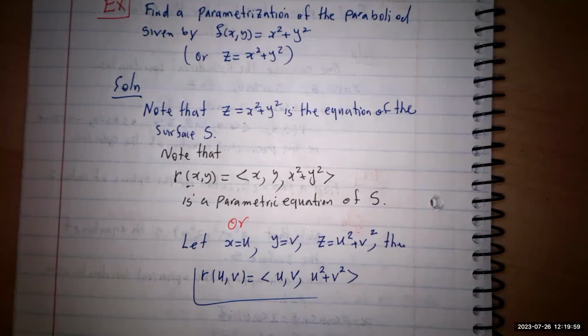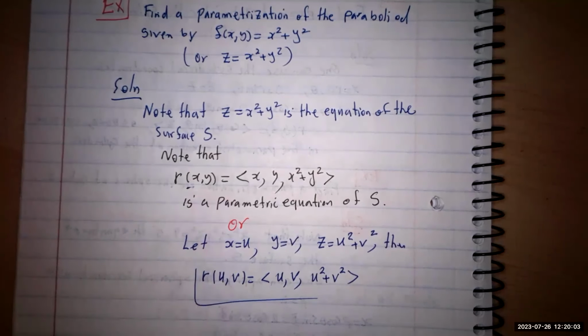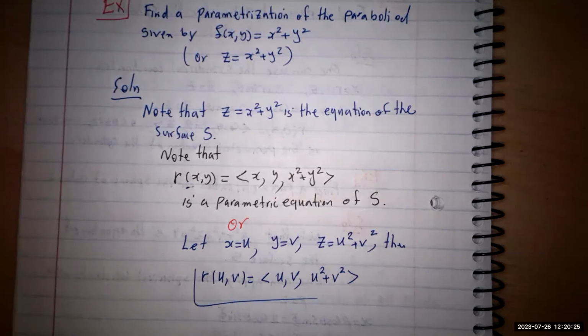So in this case, your parametric equation is going to be a function of two variables, r of u and v. When we get a function of two variables, remember, we can use the partial derivatives as the tangent vectors. So we have the partial derivative with respect to u, and with respect to v.